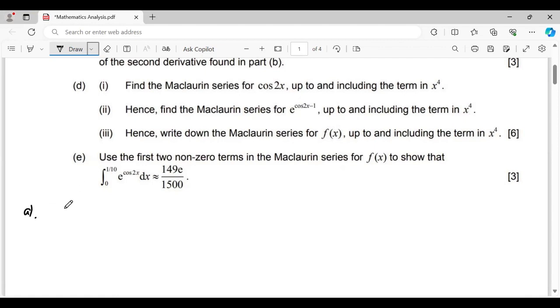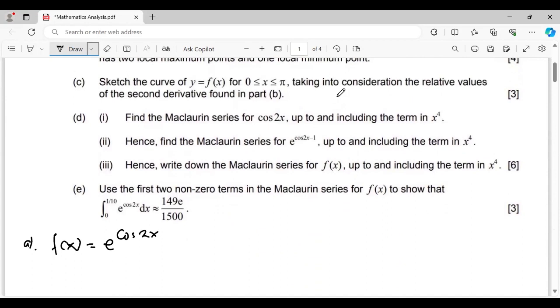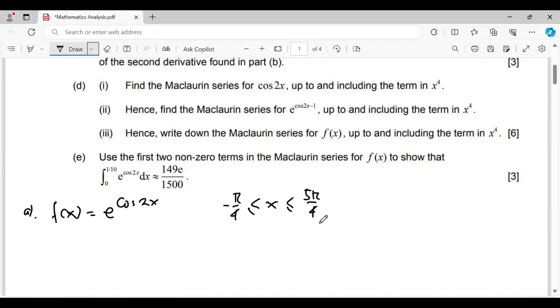So f(x) equals e to the power cosine 2x, on the interval x between minus pi over 4 and 5 pi over 4.